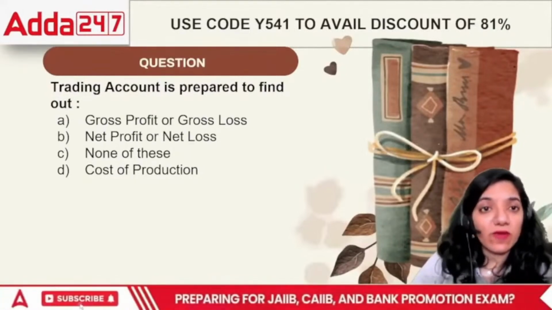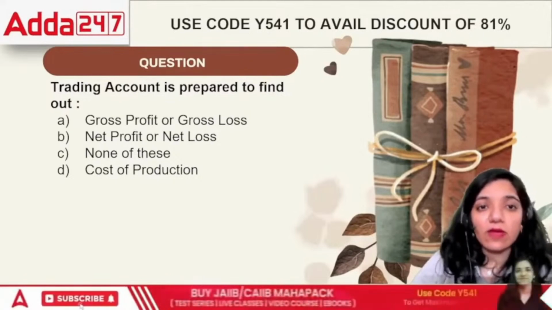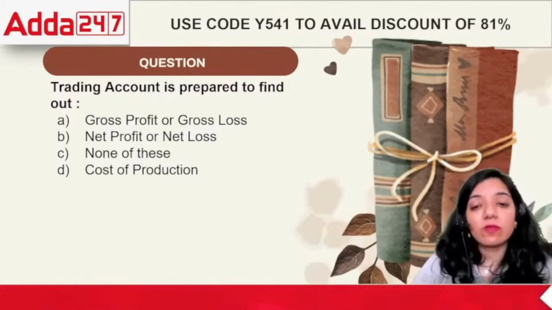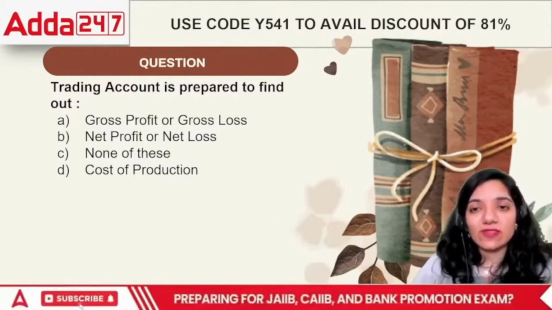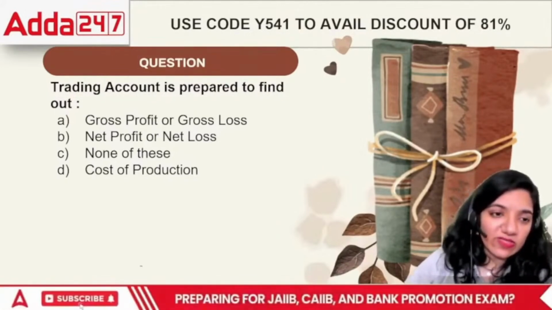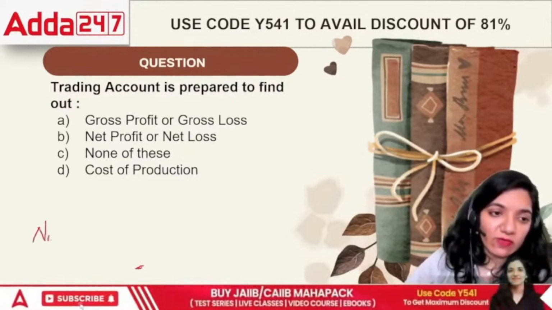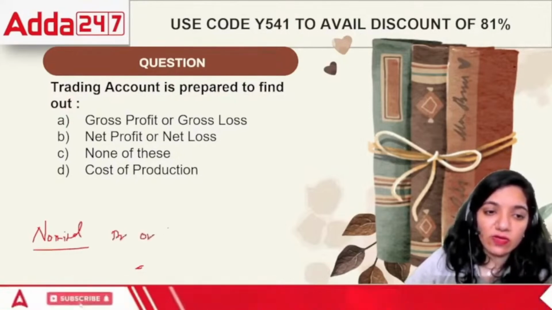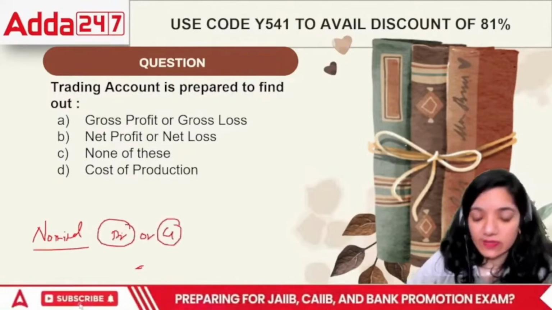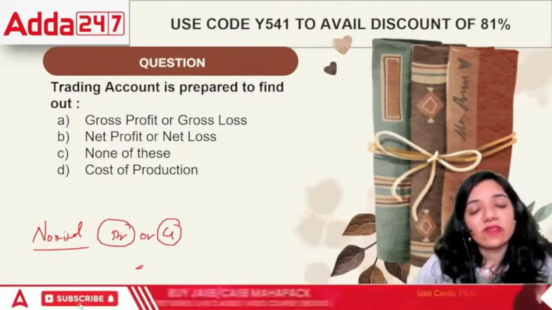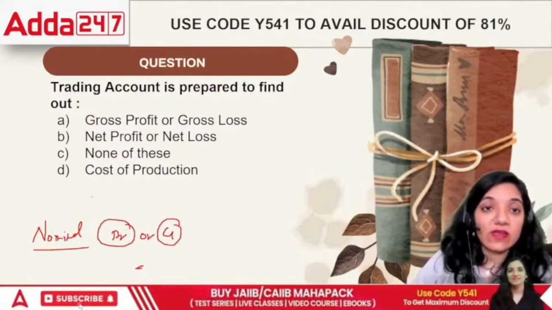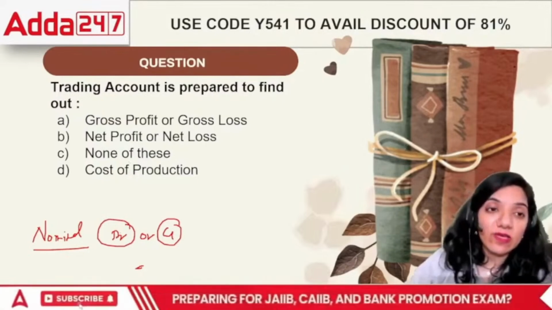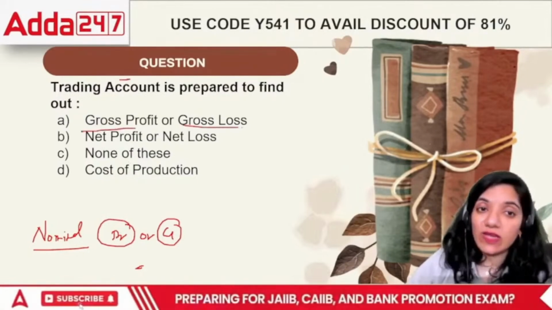Trading account is prepared to find out GP, NP, none of the above, or COP, that is cost of production, everyone. For what particular purpose do we find out the trading account? Number one, the trading account is a nominal account. We call it a nominal account. Why? Because this particular account finds out the debit side or the credit side of the business, right? It finds out the debit or the credit in terms of the business. Then the balancing figure of the trading account would be GP or GL.